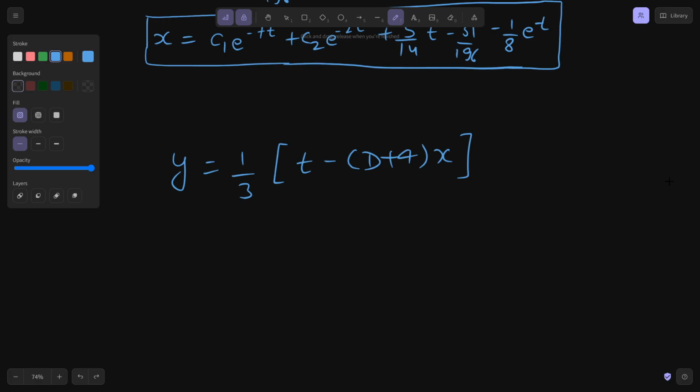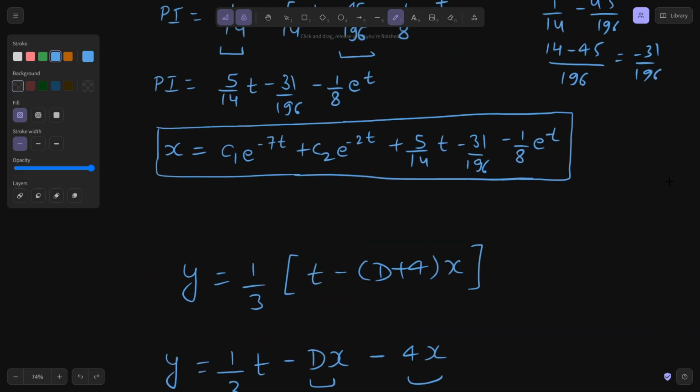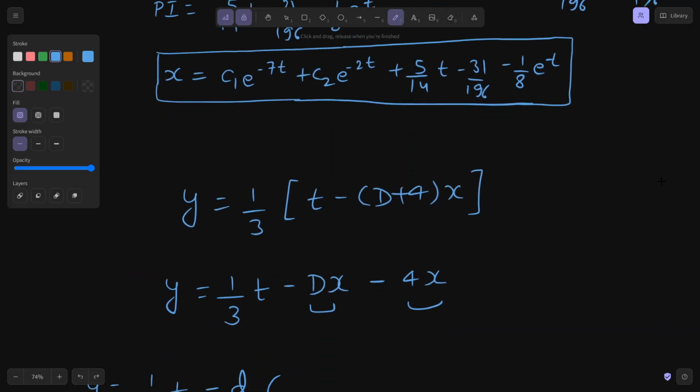Okay, this can be a bit lengthy from here. So 1 by 3 t minus d of x minus 4 times x. So everywhere we need to put the value of x, in the second and the third term. So 1 by 3 t minus d of x, where d means d by dt, and I will have to write the complete x here. So it's a bit lengthy, as you can see.